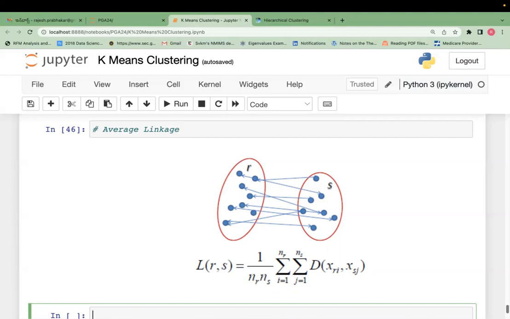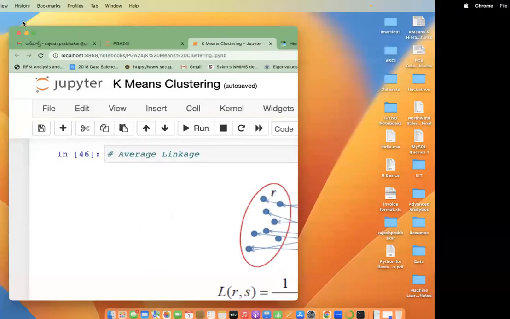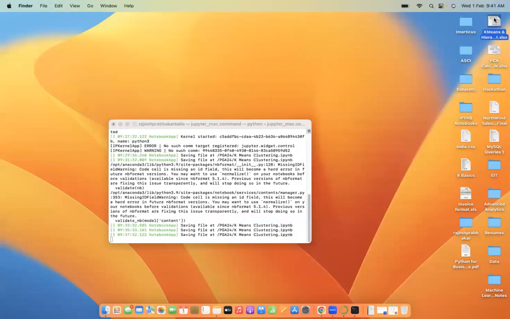Got it, guys? Any doubts? Okay, we'll go forward. Now all of you can open yesterday's Excel sheet or you can create a new sheet, no problem.